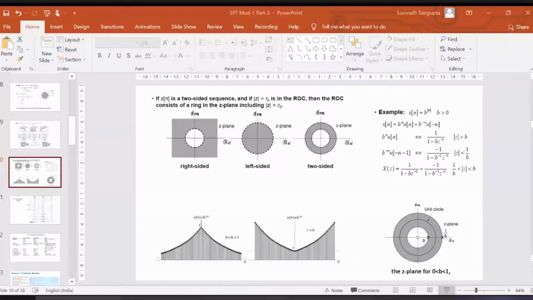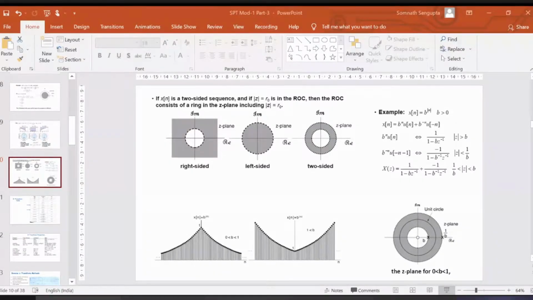You see that when n is minus 1, it is 1 by b, a high value since b is less than 1.